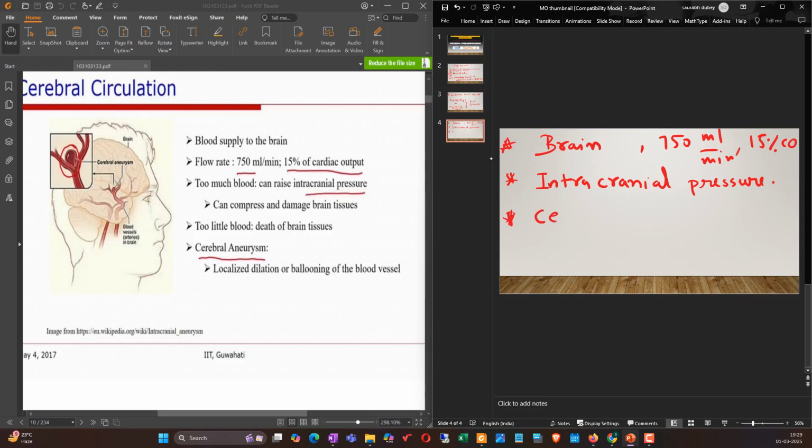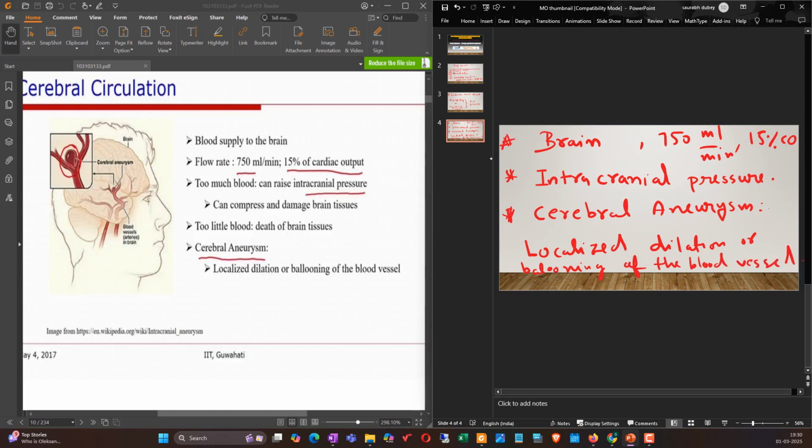So cerebral aneurysm, which is localized dilation or ballooning of the blood vessel, right, in the brain.